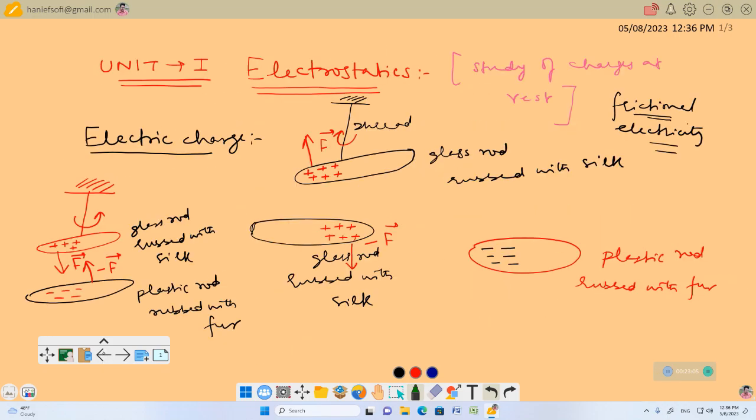For example, when I say some amount of positive charge is created in glass rod, that amount of positive charge must disappear in the other object, that is the silk, right? And similarly, when I say this charge is created in plastic rod, this negative charge must disappear in fur, right?